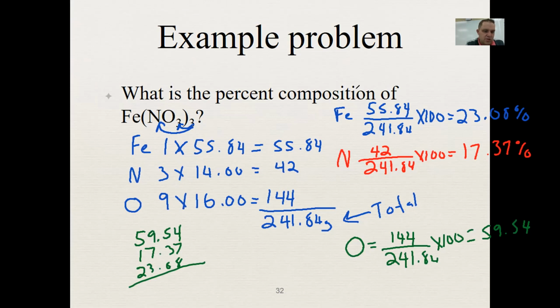Hopefully I'm really close, if not right on to 100. 59.54 plus 17.37 plus 23.08. Ooh, just shy. 99.99. Is that good enough? Absolutely. That means that we should have a pretty good chance of a right answer.